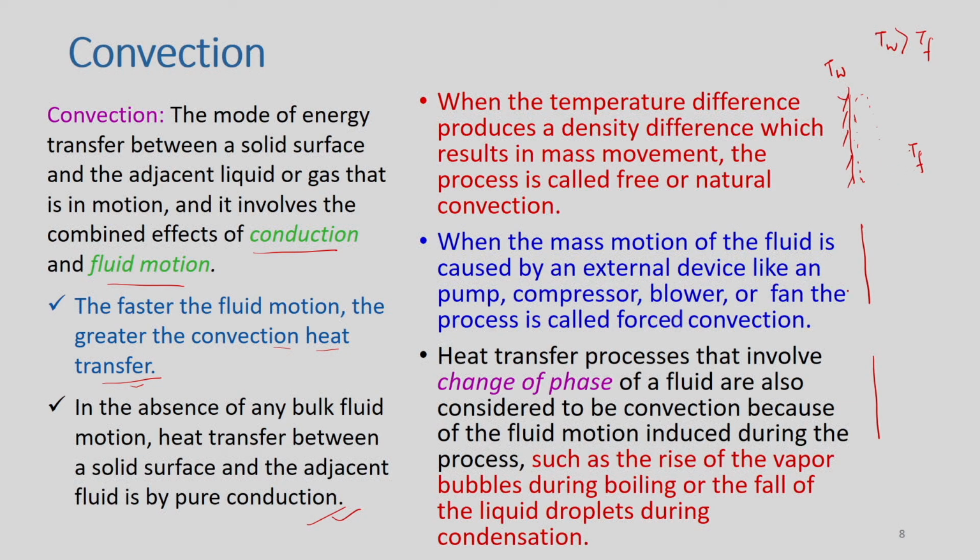And if we talk about forced convection, what happens? We need to apply some kind of fan, and of course this is a wall at Tw, and the fluid is at Tf, and this fan will make the movement of the fluid. So, this becomes forced convection, and this is free. This is due to the buoyancy effect.